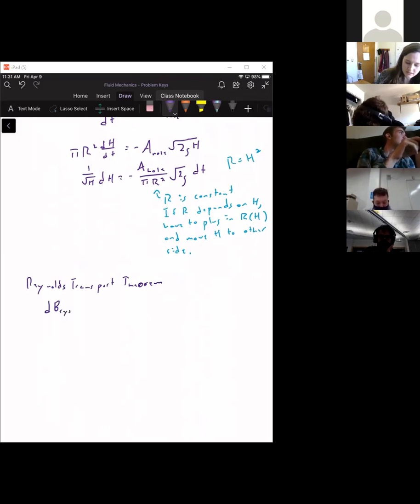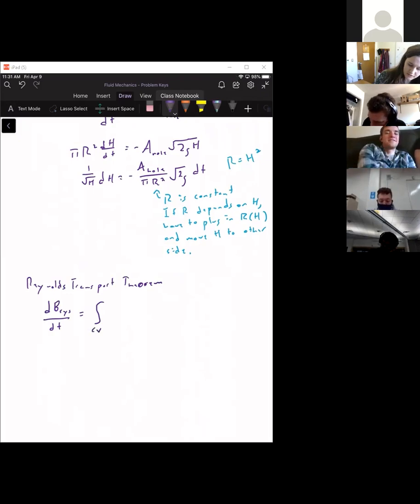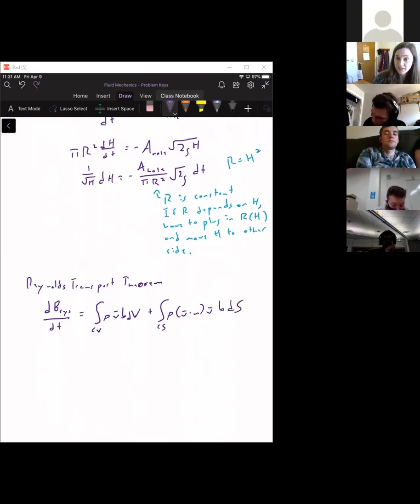So some property of some system, dt is equal to the integral over the control volume of density times the velocity times e times the control dV, I think, plus the integral over the control surface of rho e dot n, e dot b dS, something like that.